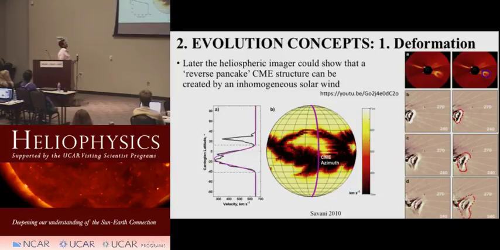So this was intriguing, and we could only really start to investigate once we had heliospheric images. This is an example from the HI cameras where we're getting a CME that's concave outward, where it's reverse pancaked. So it's going this way, as opposed to the standard structure.